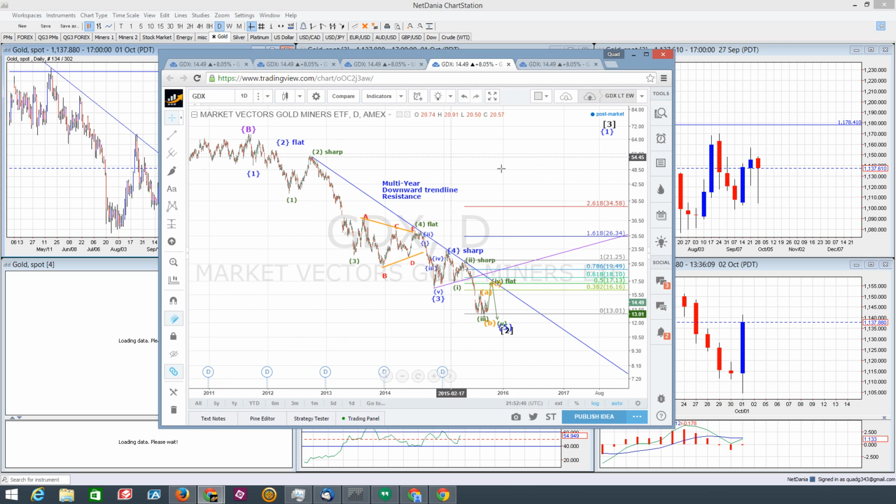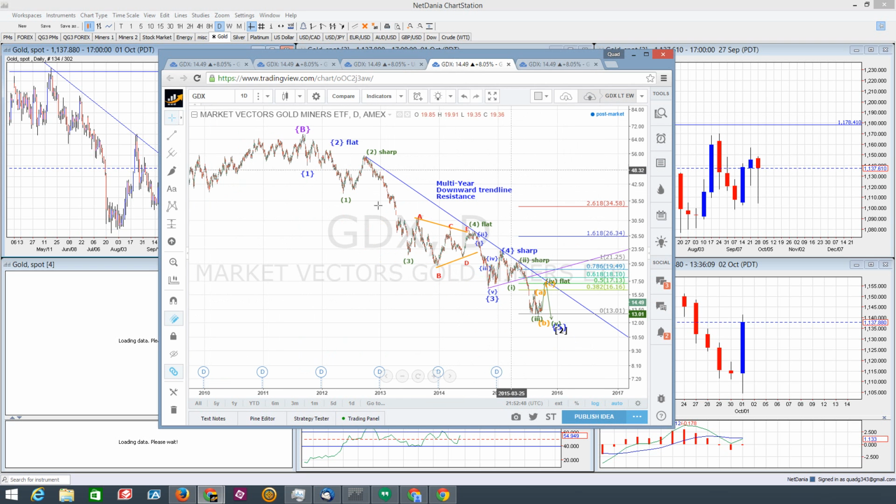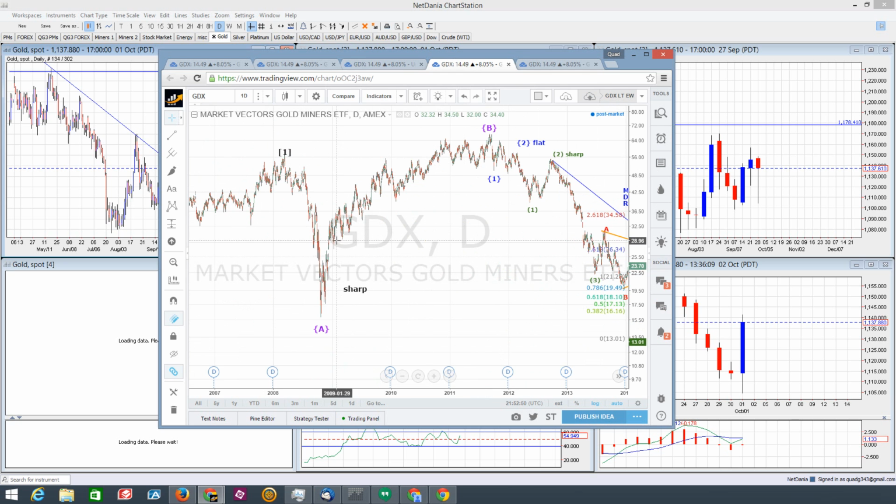And here's the long-term count for GDX. Let me move out here. Wave 1 I'm seeing as topping out in early 2008.